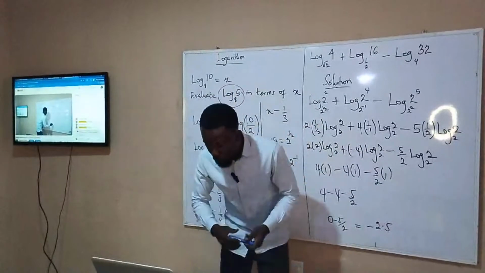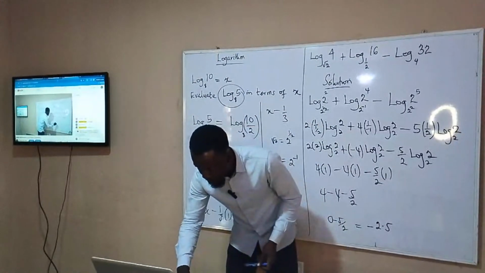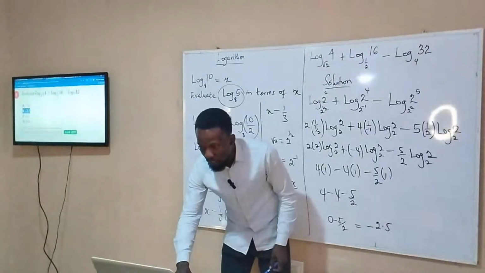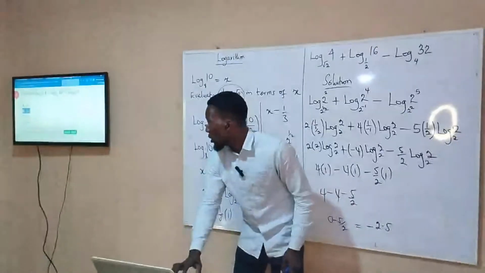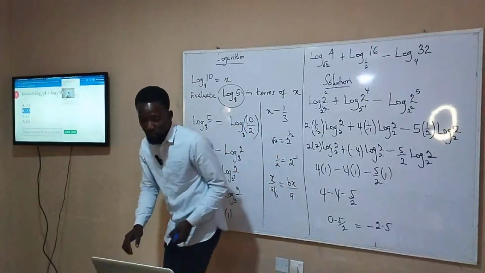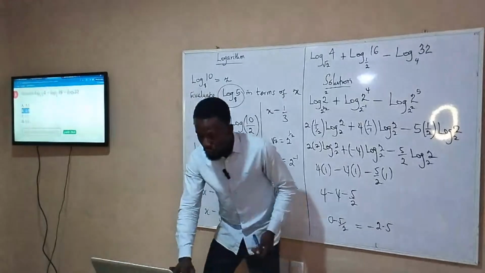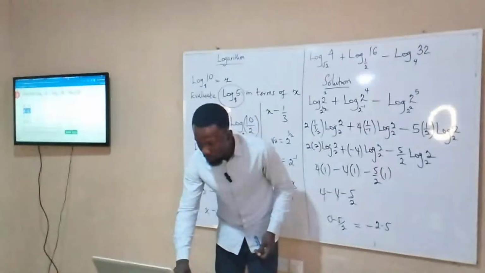Let us see if we have minus 2.5 as our option here. Yes, we have it. That is option B. So we have minus 2.5, option B, for this particular question. So we move to the next question.